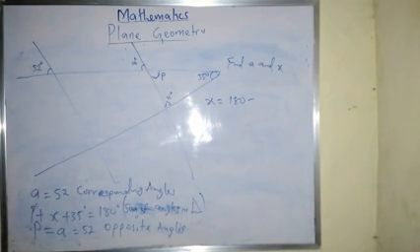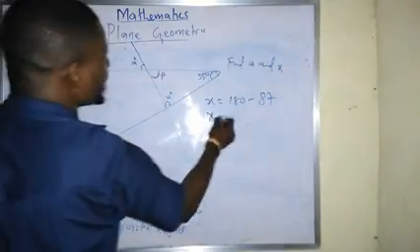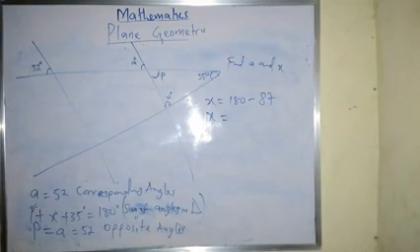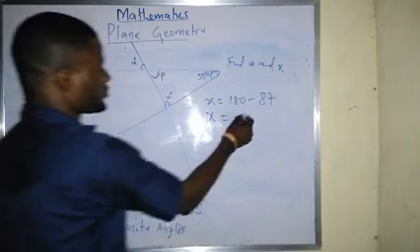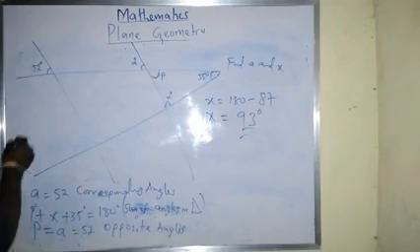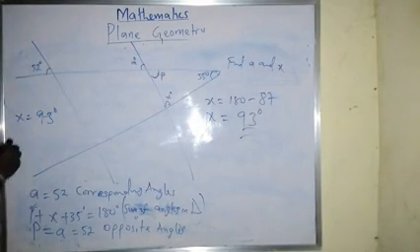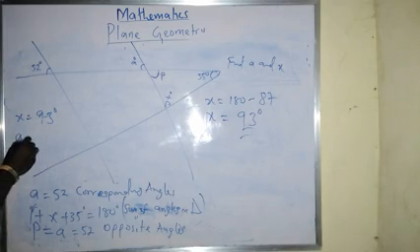The sum of these two, 52 plus 35, will give me 87. Now I can answer: X equals 180 minus 87, which is 93 degrees. It means my X is 93 degrees, and my A is equal to 52 degrees.